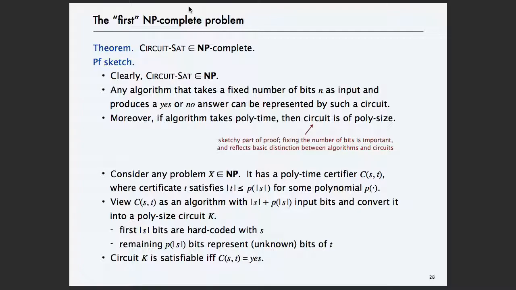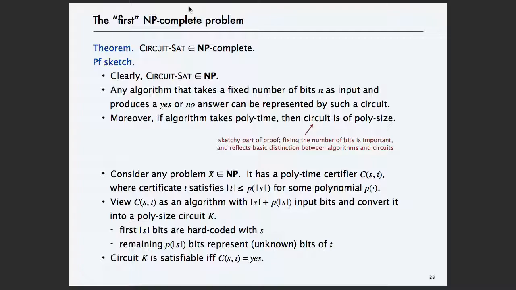The way that they did it is, basically, if you define your problem over strings, right, then any algorithm that takes a fixed number of bits n as input and produces yes or no can have a circuit, right? And we know that circuit satisfiability is in NP. We have shown that.